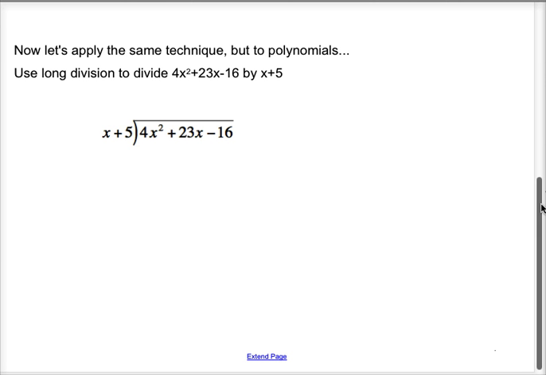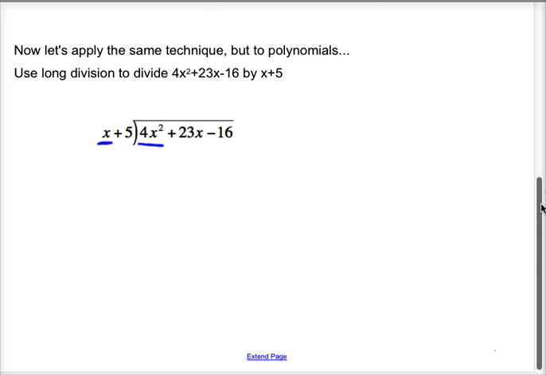Now, again, my goal is kind of the same. I want to remove, this time not digit by digit, but term by term. So the first term I want to eliminate is that 4x squared, all right? And that x is always going to be what's doing the eliminating. So I want to use that x, and I want to figure out what can I multiply it by to cancel off that 4x squared.